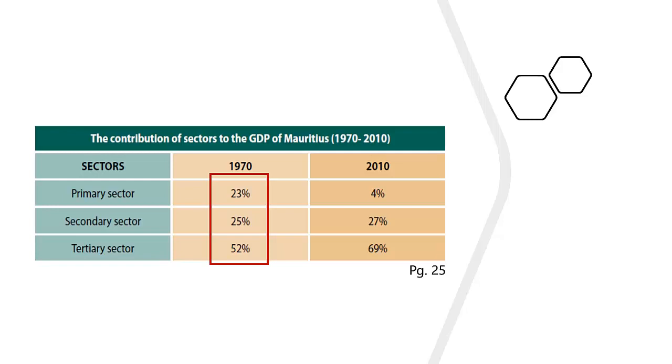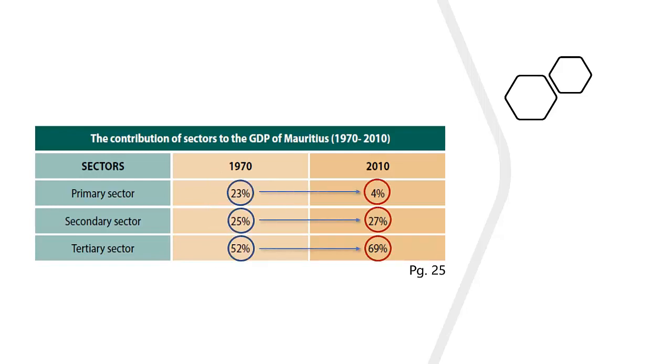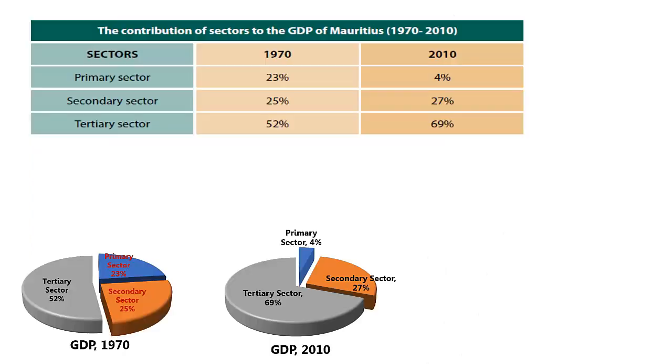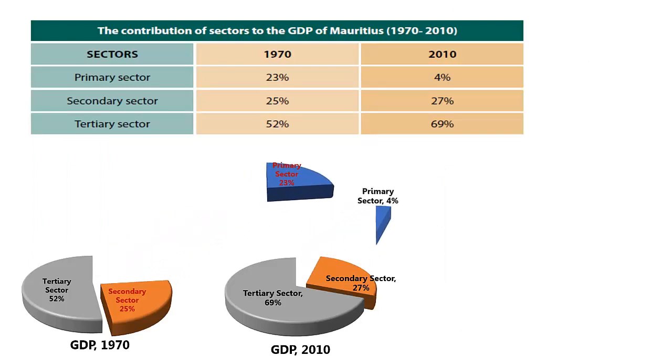In the year 2010, however, you may find that the proportion that each sector contributes to the economy has changed. What can you deduce from this? From 1970 to 2010, the proportion of the contribution of the primary sector to the economy has reduced significantly.